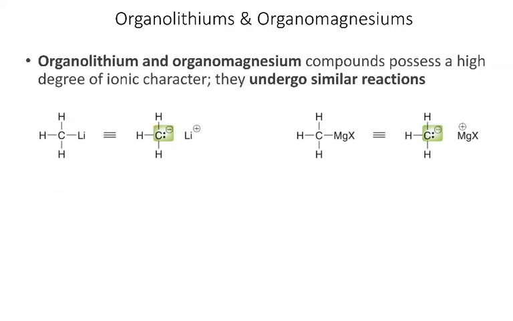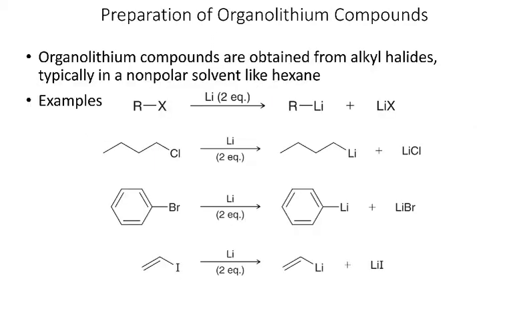The first types of organometallic compounds we're going to look at are organolithium and organomagnesium compounds. Both of these possess quite a bit of ionic character due to the significant electronegativity difference between carbon and the metal atom. And so that makes them fairly reactive, and they also undergo similar reactions. The preparation of organolithium compounds is fairly straightforward.